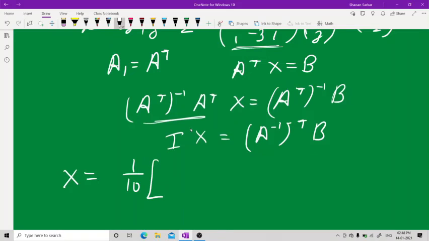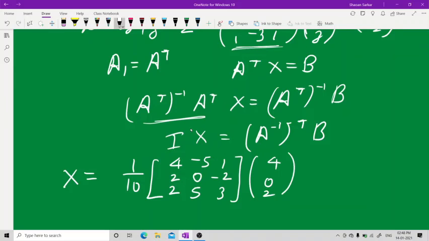Transpose of that would be 4, 2, 2, then minus 5, 0, 5, and then 1, minus 2, 3, and then your B is 4, 0, 2.